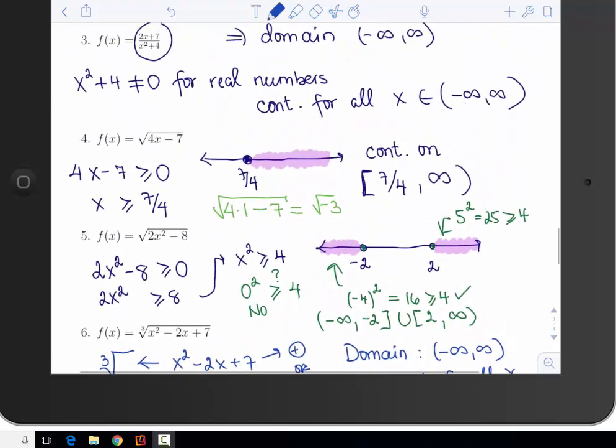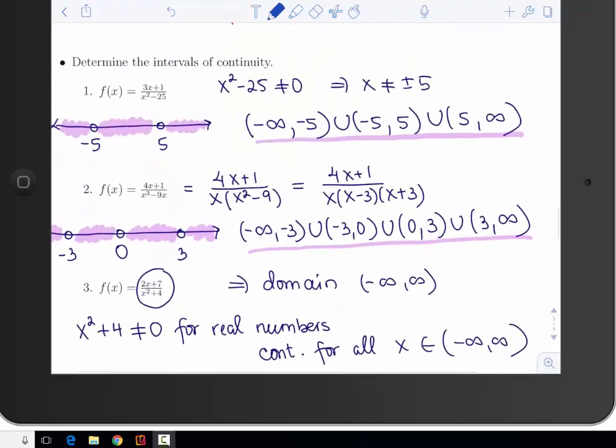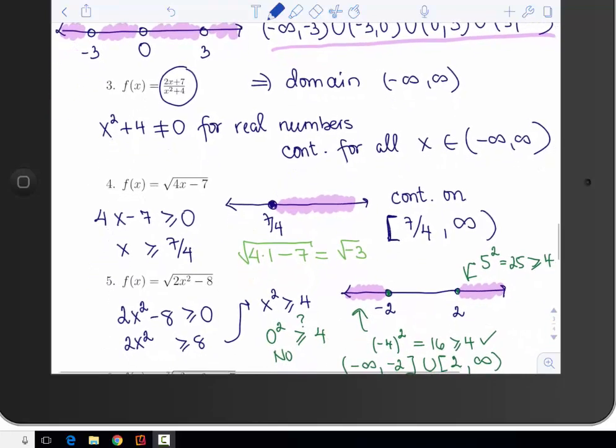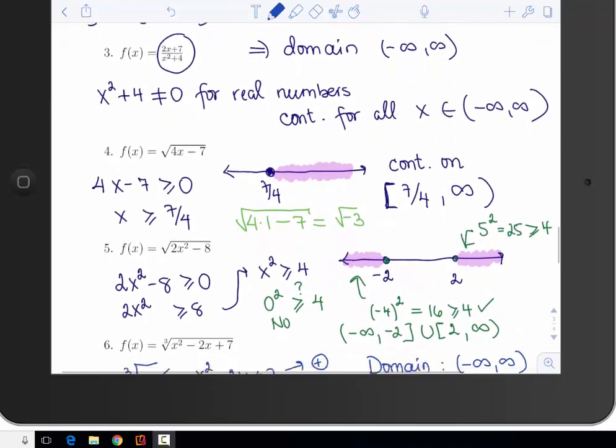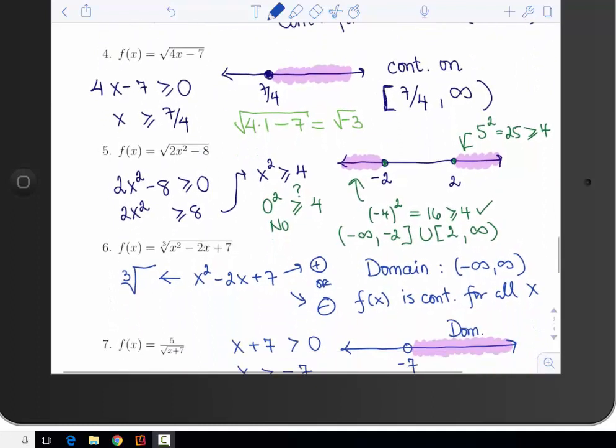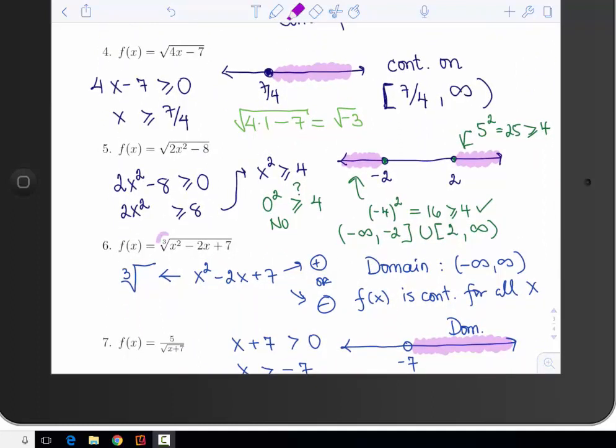Okay, so always check your work if you're not sure. So let's see, what have we done? We've done rational functions where we have discontinuities. Then we've done rational functions when they're defined for all values of x, so that means it's continuous on R, all real numbers. We've done radical functions. We've done radicals with more complicated expressions under the radicals. Then odd roots, okay, so this will be okay.